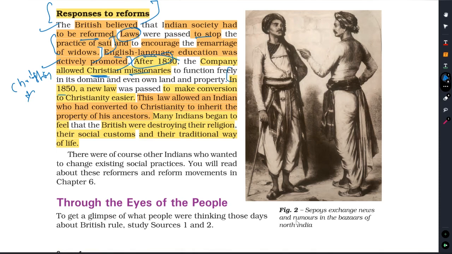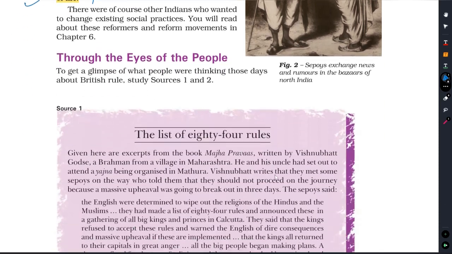In 1850, a new law was passed to make conversion to Christianity much easier. Many Indians began to feel that these Britishers were destroying their religion, their social customs and their traditional way of life. These are the reasons which led to the rebellion of 1857.